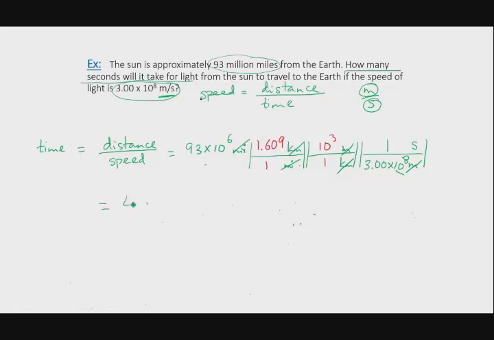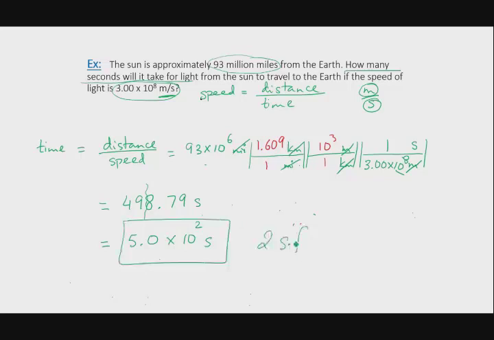Hopefully you also got 498.79 seconds, the time that it will take for sunlight to reach the earth from the sun. This needs to be in two significant figures and therefore needs to be rounded right here, and the answer is 5.0 times 10 raised to 2 seconds in two significant figures.